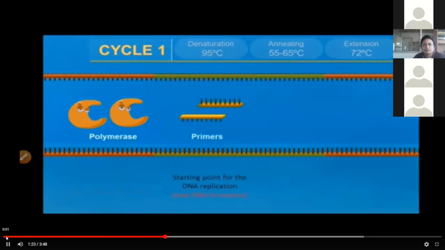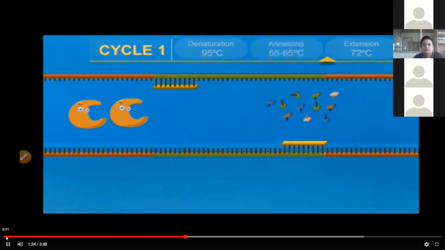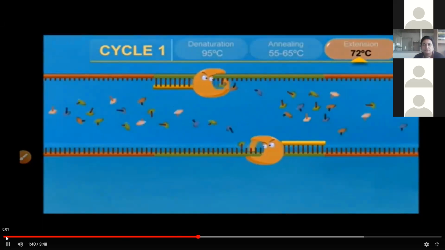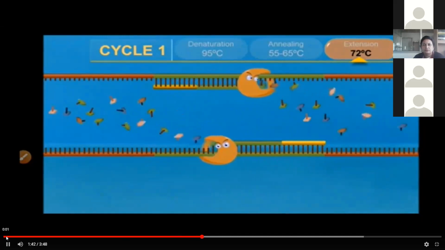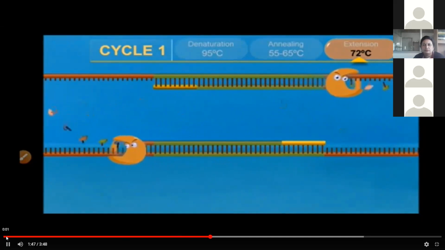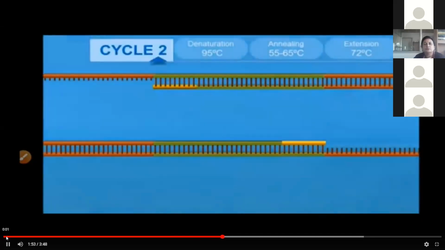Then comes the second step, annealing, which means attachment of primers. We have two primers, forward primer and reverse primer. We reduce the temperature to 55 to 65 degrees Celsius and attach the primers. Then comes the third step, extension, done at 72 degrees Celsius for 1 to 2 minutes, where the polymerase enzyme travels and converts the single-stranded DNA into double-stranded DNA.